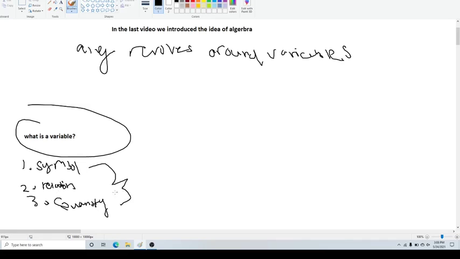These are actually common responses that I receive when I tutor and teach algebra. Variable is actually all three of these things. It could be anything. So it's a symbol to show relationships and quantify something.